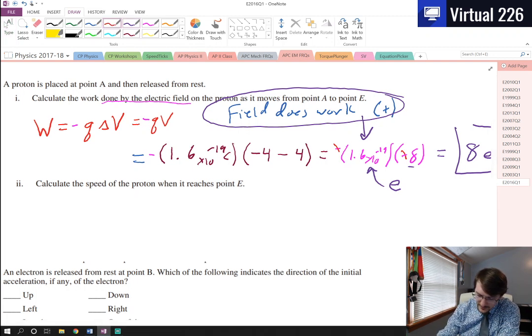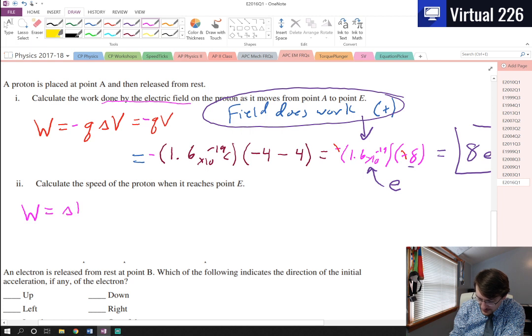Now we've got to figure out what's the speed of the proton when it reaches this point. Well, luckily for us, we just calculated the work, and work is equal to the change in kinetic energy, and it was released from rest.